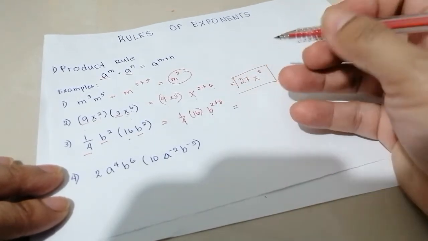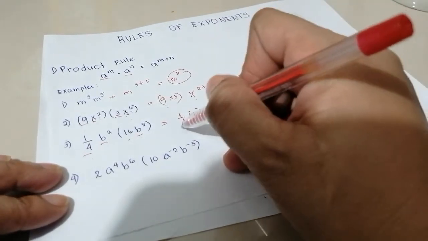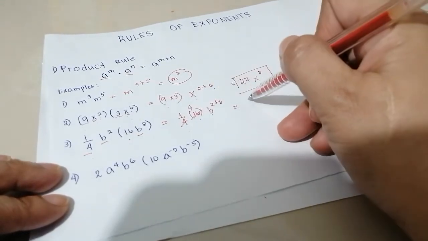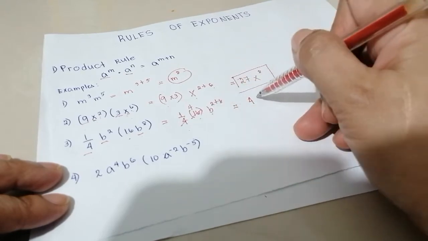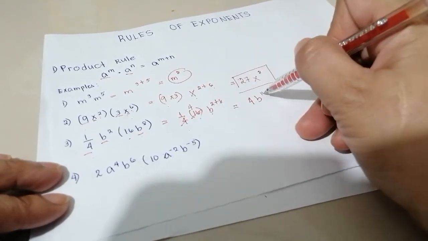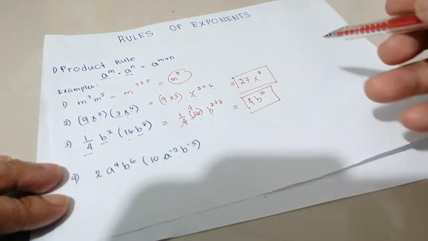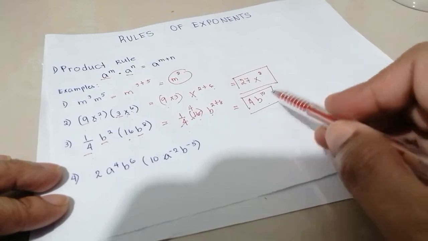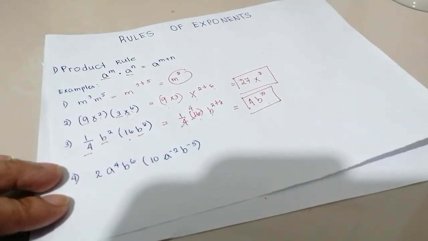Let's do cancellation. By 4, so this becomes 4 here, and then b raised to 2 plus 8 is 10. So, the answer is 4 times b raised to the 10th power.